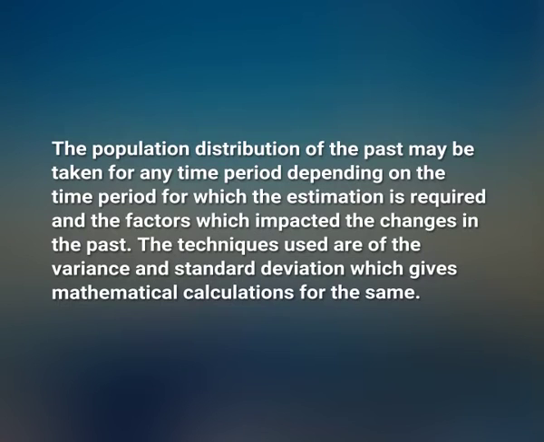The population distribution of the past may be taken for any time period depending on the period for which the estimation is required and the factors which impacted the change in the past. The techniques used are variance and standard deviation, which give mathematical calculations for the same.